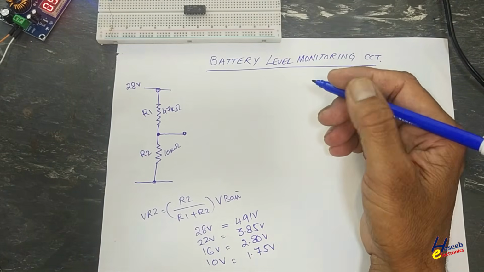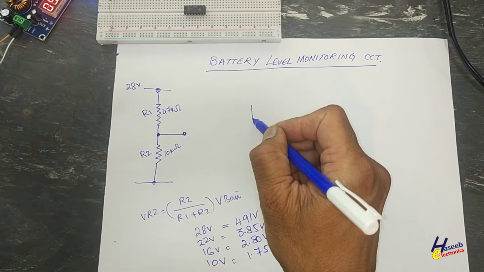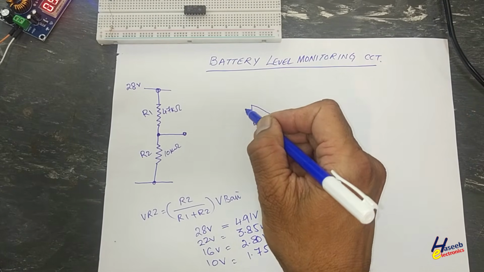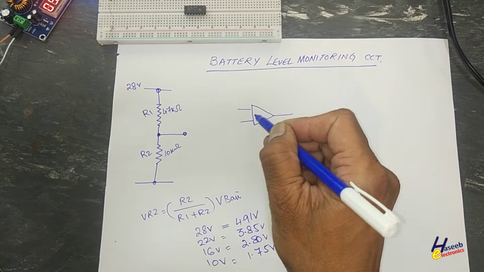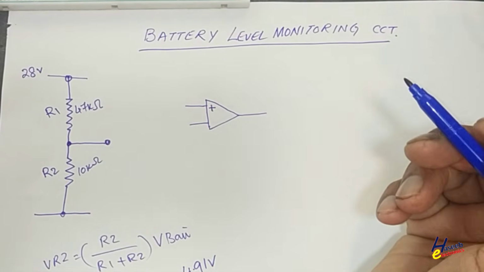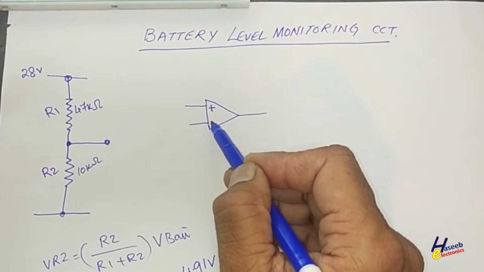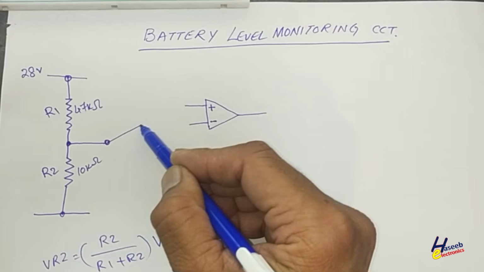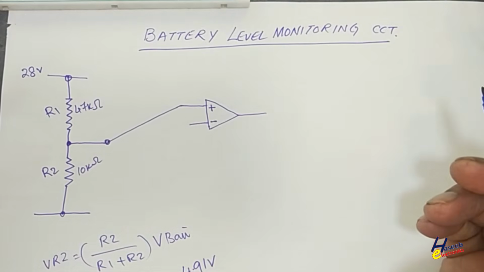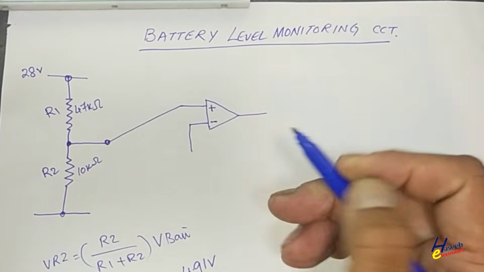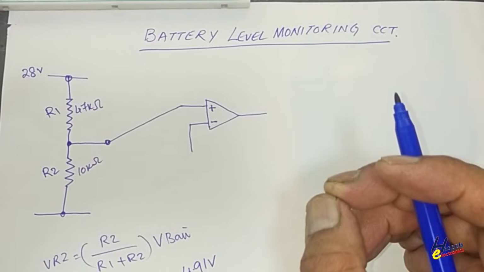To make any non-inverting comparator, we will use LM324 IC. This is non-inverting input, there is positive sign, and we have inverting input. We will feed this signal to non-inverting input. Inverting input will be connected to a reference.